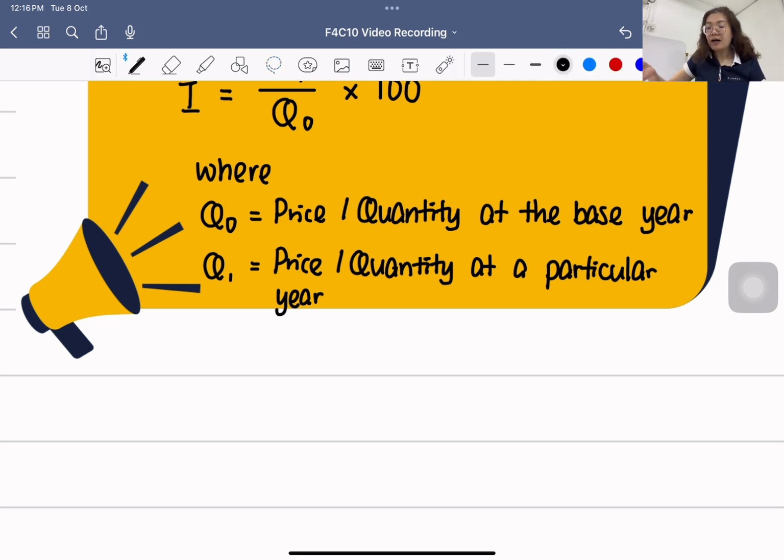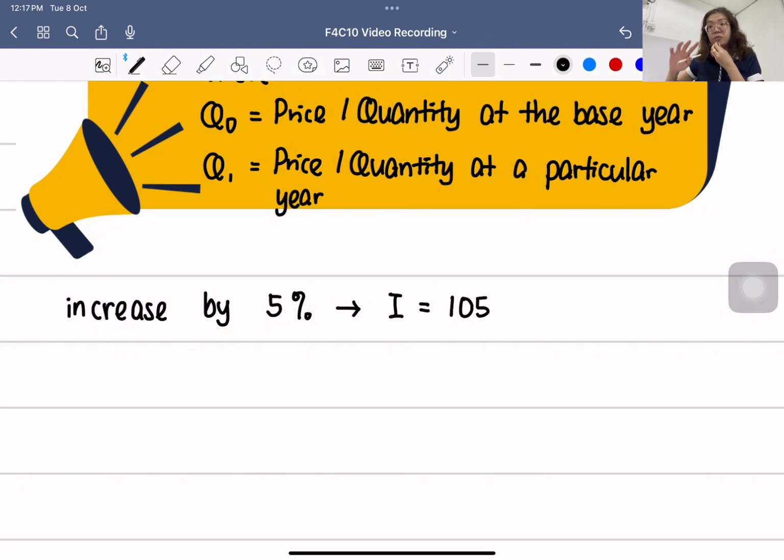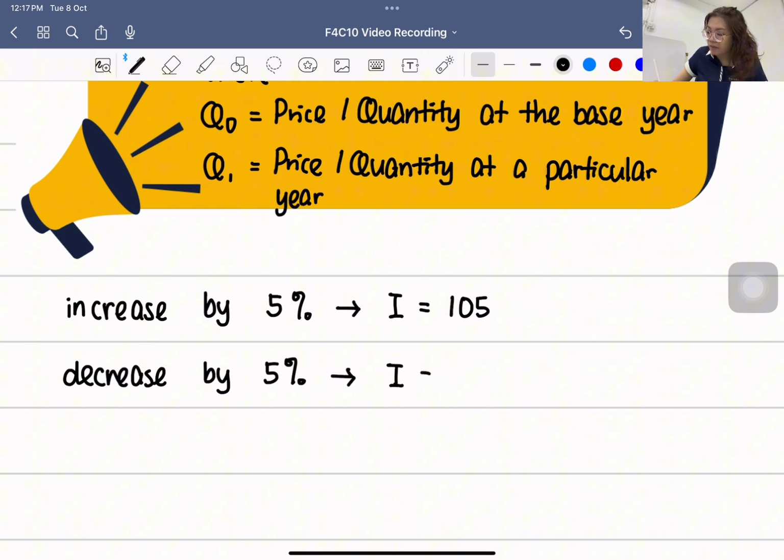Just now I mentioned it can increase or decrease. So when we write the index number, let's say something is increased by 5%. The index number I will be equal to 105 because the base is 100. So increase by 5%, we plus 5. And of course, decrease by 5%, then from 100 we minus 5, and I will be equal to 95.